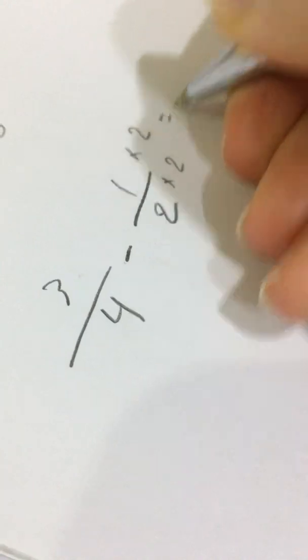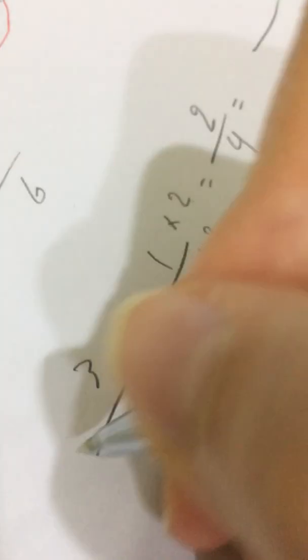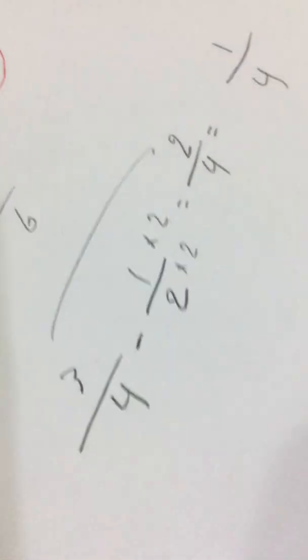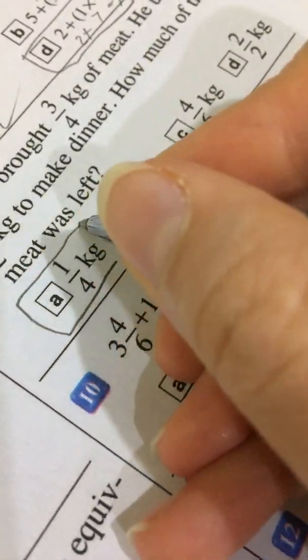Now we cannot subtract. We have to multiply the numerator and the denominator by 2: 1 times 2 is 2, and 2 times 2 is 4. Now I can subtract. 3 minus 2 is 1, and I keep 4 as it is. So the answer is 1/4 kilogram.